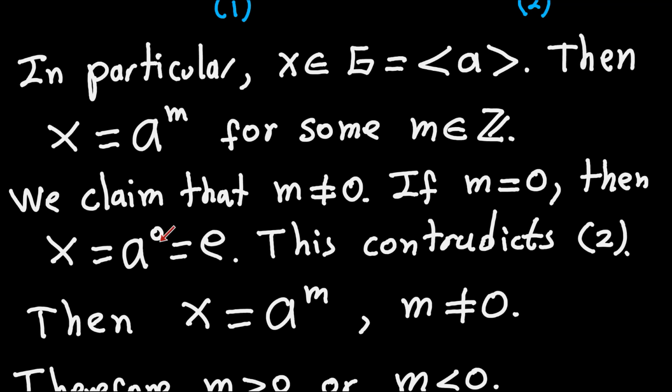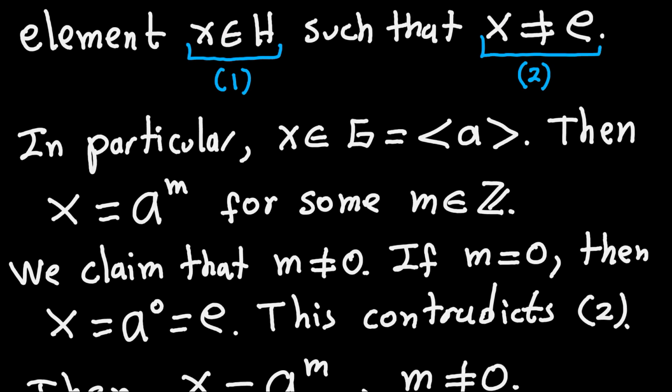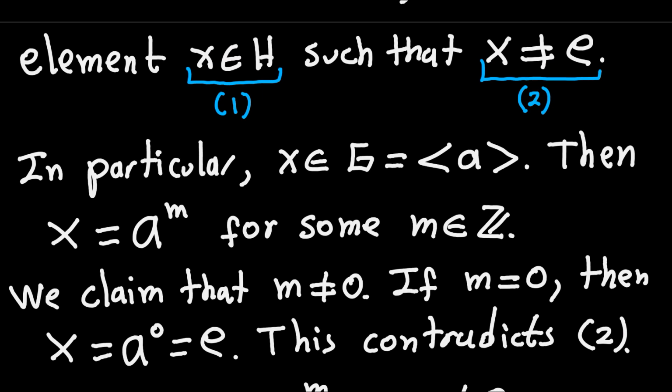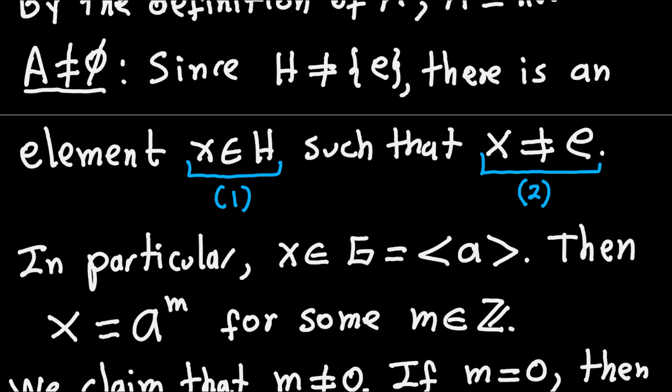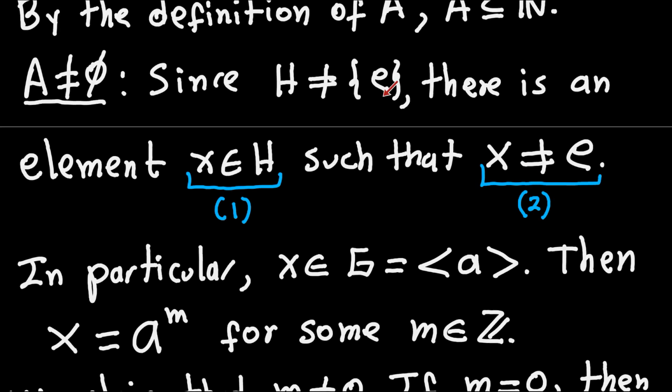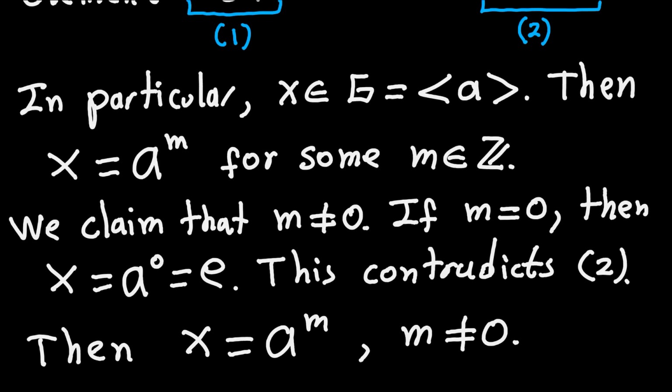But what is A to the 0? By definition, that is just the identity. This is in contradiction with number 2. Number 2 says that the element X is not the identity because we selected one that is not. So that exponent M is not equal to 0.